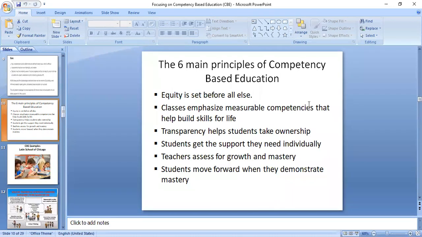Next is students move forward when they demonstrate mastery. By including regular assessments and data-based progress reporting, teachers understand where each individual student is in the learning process. And when students demonstrate a clear understanding of the topic, prove their ability to apply that understanding, and show how they have developed important skills, it's time for them to move forward.